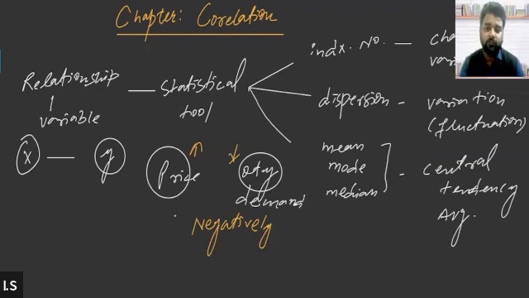So both these variables are interrelated with each other, and how are they related? Negatively related. Similarly, when you compare the price of the commodity with the supply of the commodity, you will see that when price increases, supply of the commodity increases. That means both these variables are positively related, right?